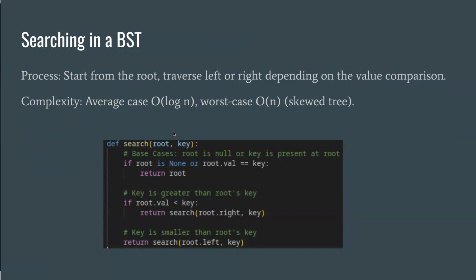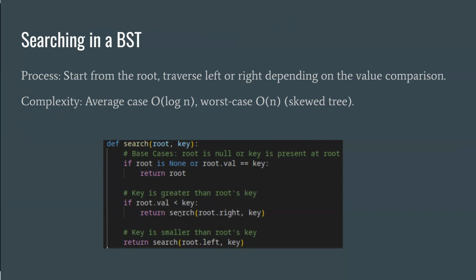If the value is less than the current node's key, then you want to move to the left. If the key's value is greater than the root's value, then we want to move right.